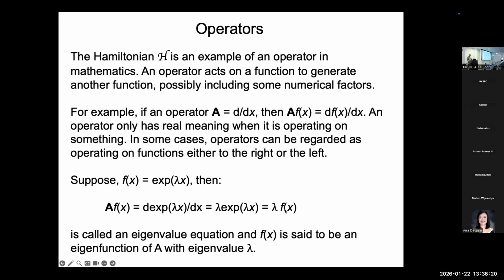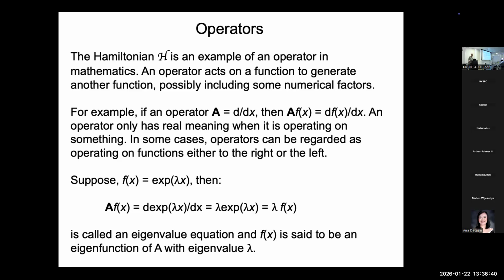So if we have an operator that operates on some function and it gives back a constant times the function, the function is called an eigenfunction of the operator. So the exponential is the eigenfunction of the derivative operator.